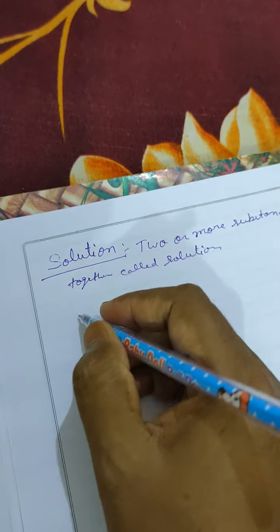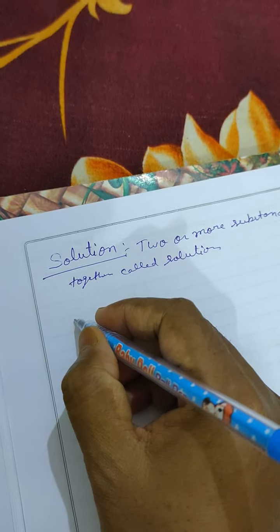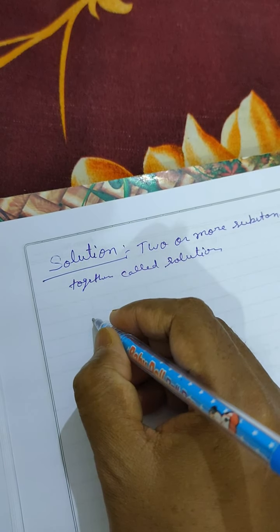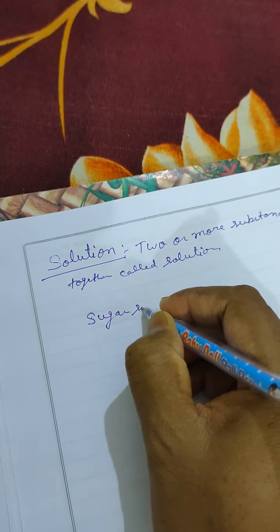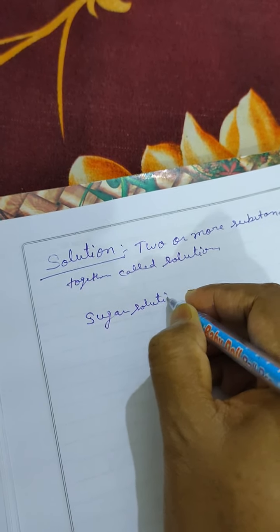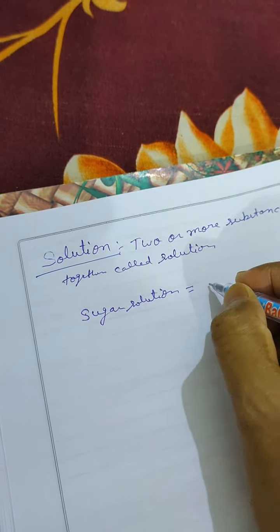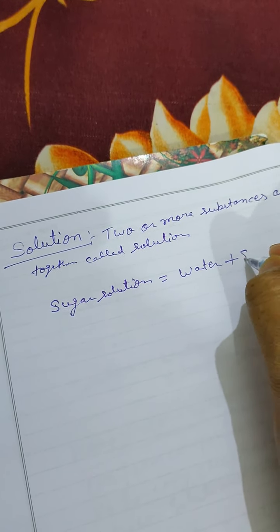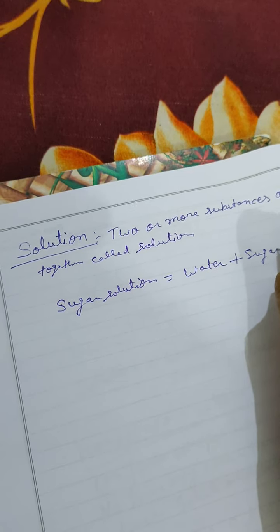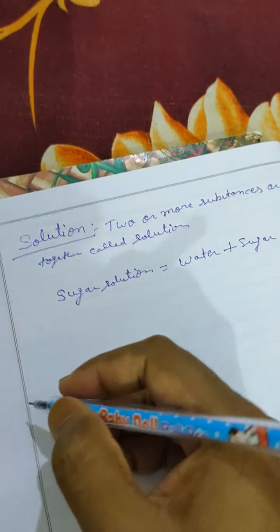In a binary solution, for example, suppose a sugar solution. In sugar solution, water and sugar both are mixed.